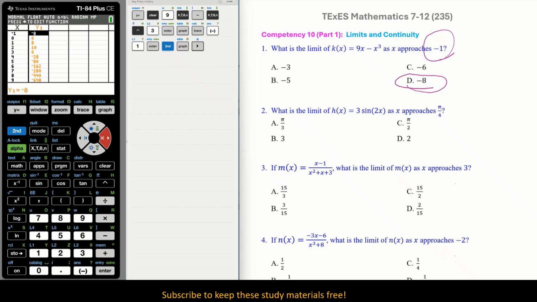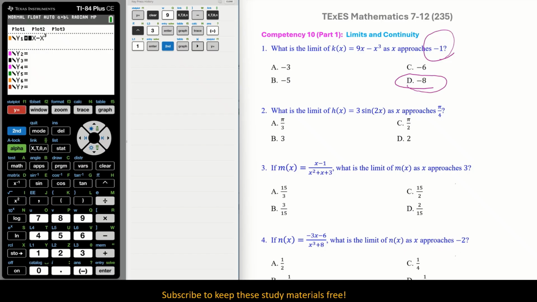So let's read number 2. What is the limit of h of x equals 3 sine 2x plus as x approaches pi over 4? Let's go back to our y equals. Let's clear that out. 3 sine 2x. I'm going to push enter.